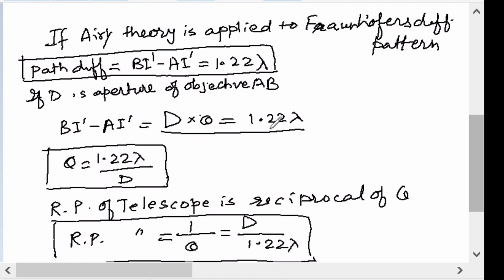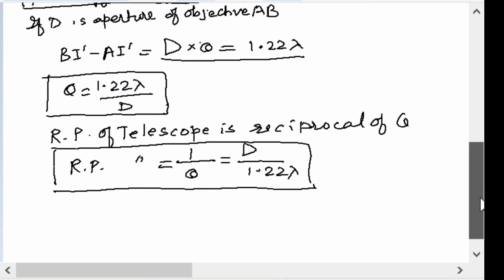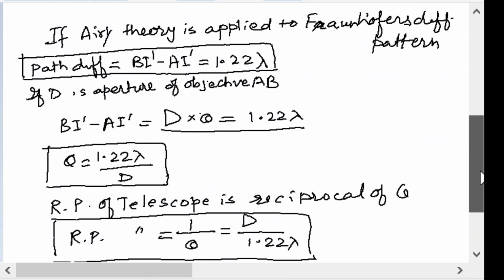First of all, you will find the path difference, and from the path difference you will get the theta value, and as soon as you get the theta value, you can find the resolving power of telescope, because it is inversely proportional to it. Thank you.